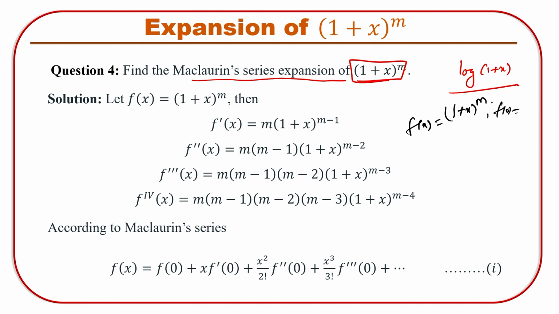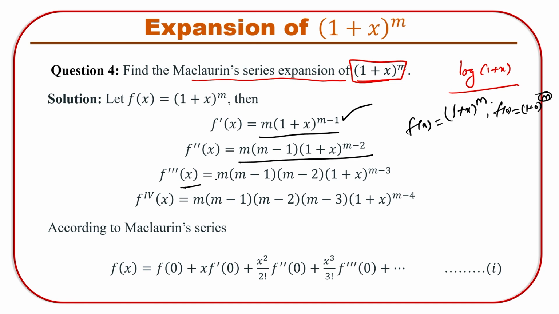So, f of 0 is equal to 1 plus 0 to the power m. So, depending on m values, we can find out the value. F dash of x is equal to m into 1 plus x to the power m minus 1. F double dash of x is equal to m into m minus 1 into 1 plus x to the power m minus 2.